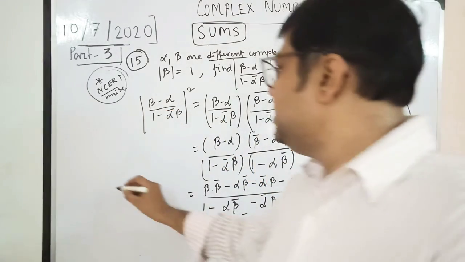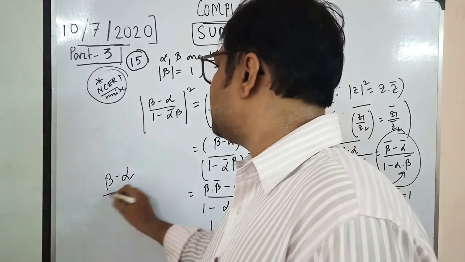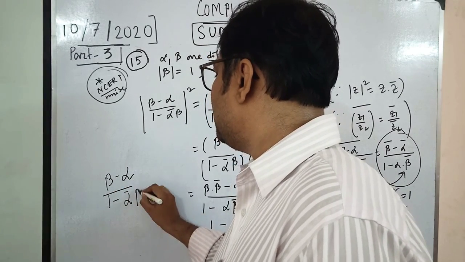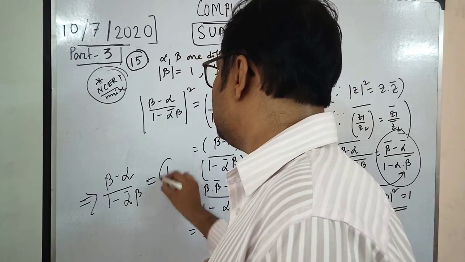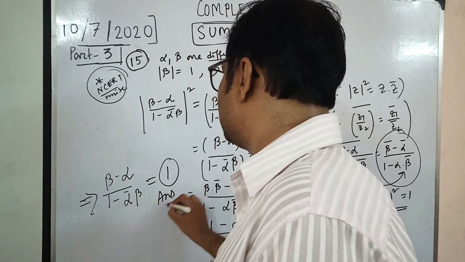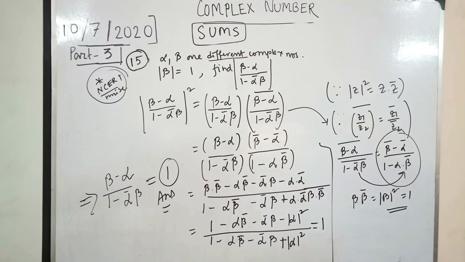So that means individually beta minus alpha by 1 minus alpha bar beta implies that this will be also 1. So this is the answer. If the square of the mod is 1, that means individually that will be also 1. So this is the answer. Okay, so next part we will do some more things. Thank you.